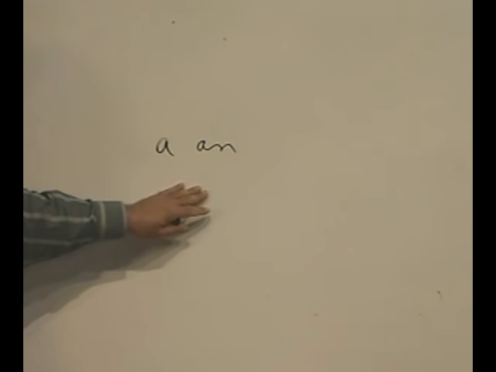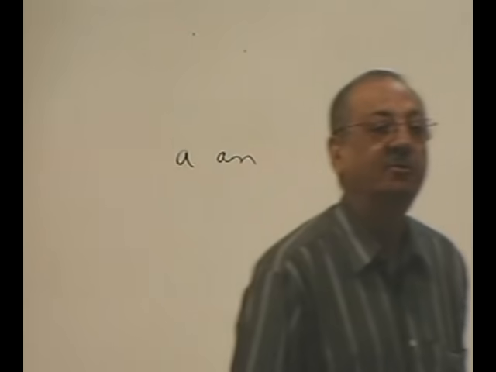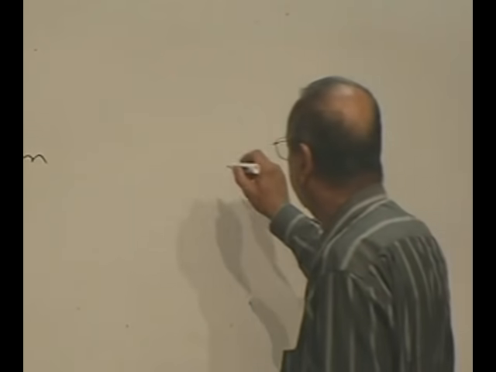What do we do in English when it is an indefinite noun? How do we describe it, brother? By using a or an. When it comes in front of a noun, it makes it indefinite. How do you make it definite? The.